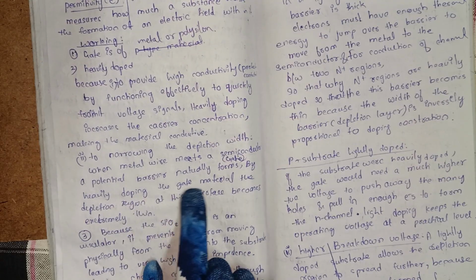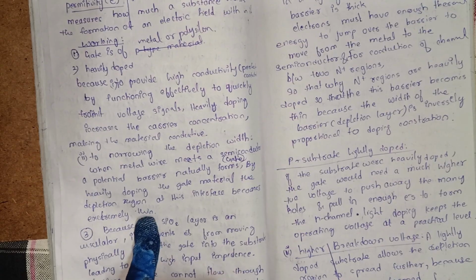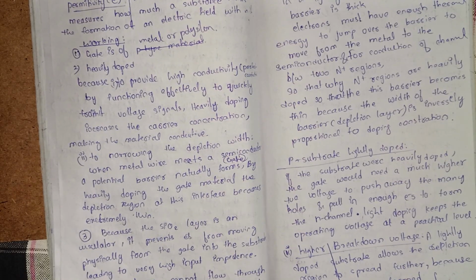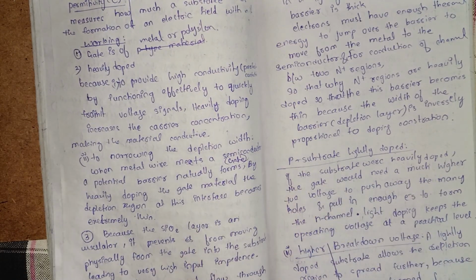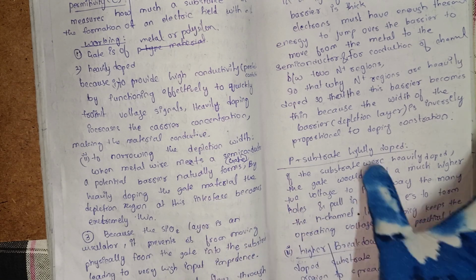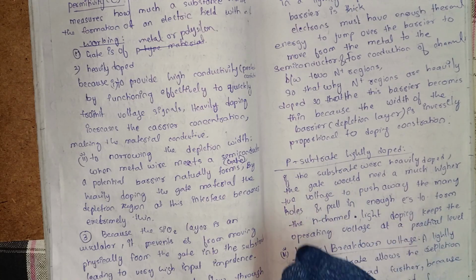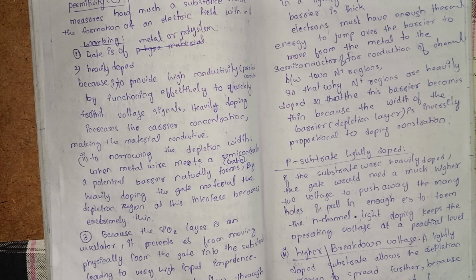By heavily doping the gate material, the depletion region at this interface becomes extremely thin, because as I said, the barrier width is inversely proportional to the doping concentration.